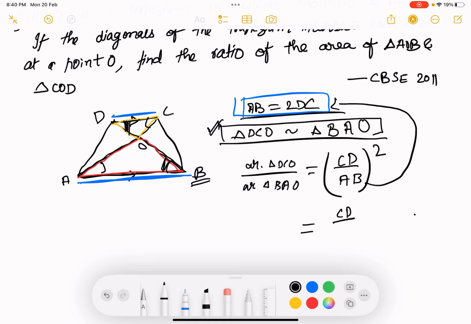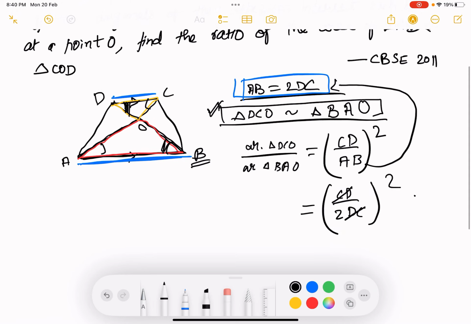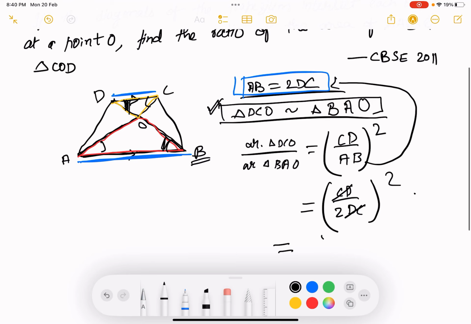So we will write 2 times DC whole square. So this length will get cancelled. So the ratio will come to 1 by 4. So that's the answer.